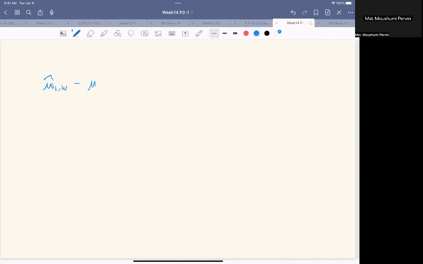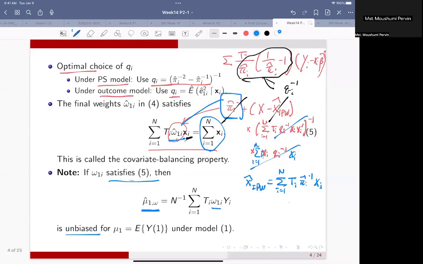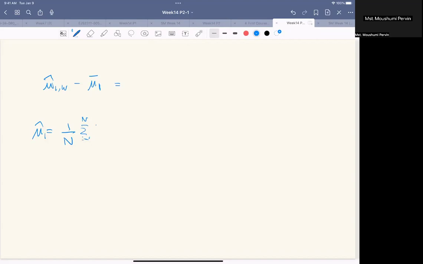Where the bar is just one over n. So then this is essentially the sum of Ti omega i, yi minus, and because of this, this is actually y1i, right?